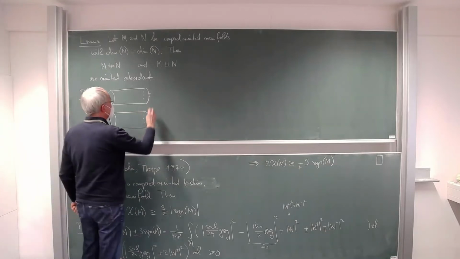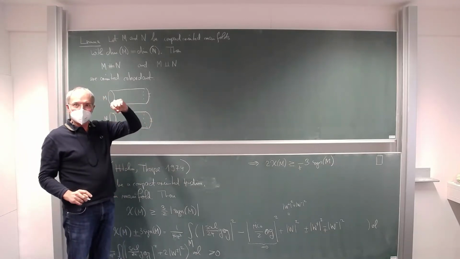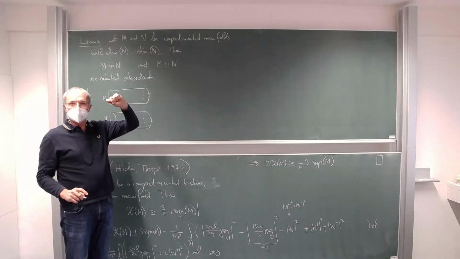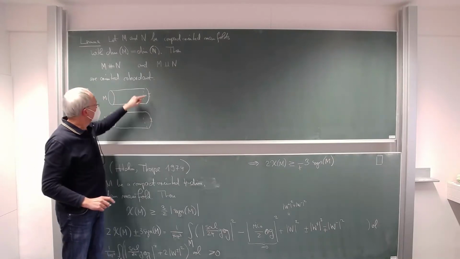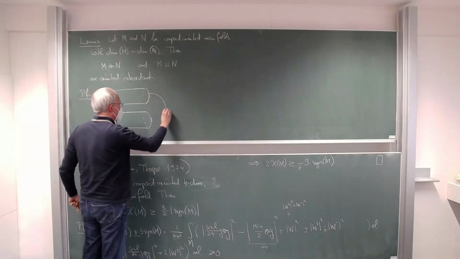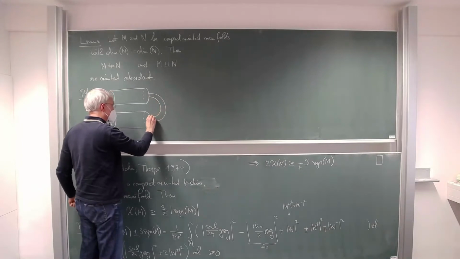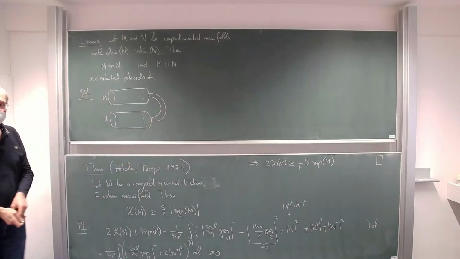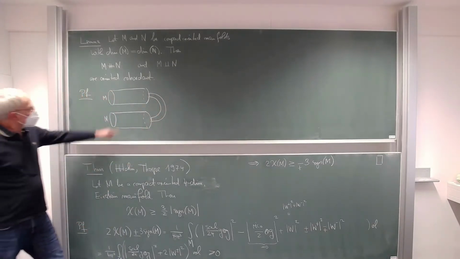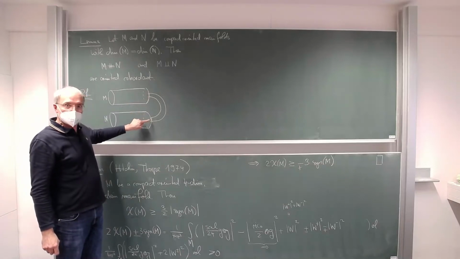And now what I do, instead of gluing in the sphere cross interval, I actually glue in a solid cylinder, ball cross interval. So that means I attach a solid cylinder to this manifold, like so. And then, of course, things have to be rounded off to give us a smooth manifold with smooth boundary.